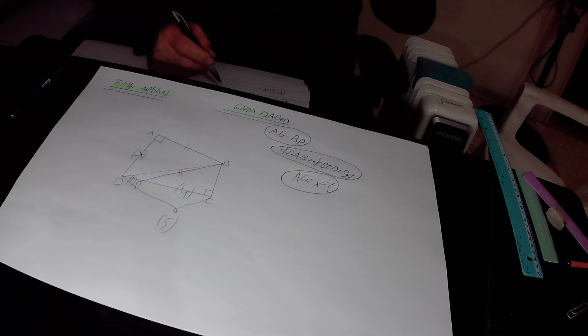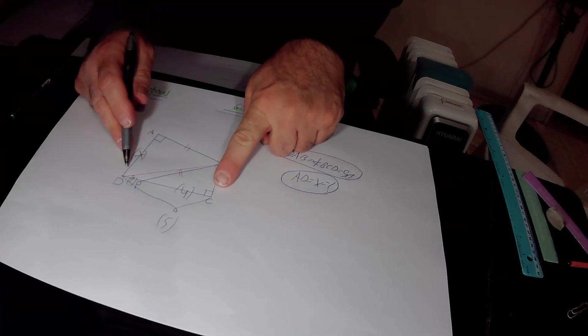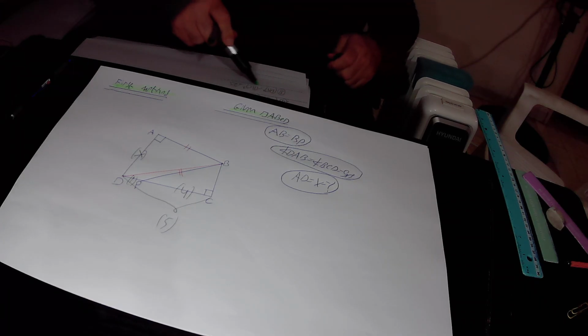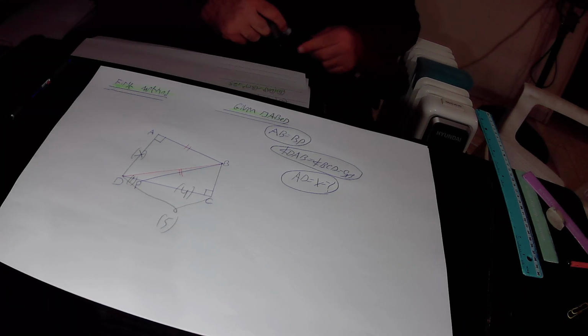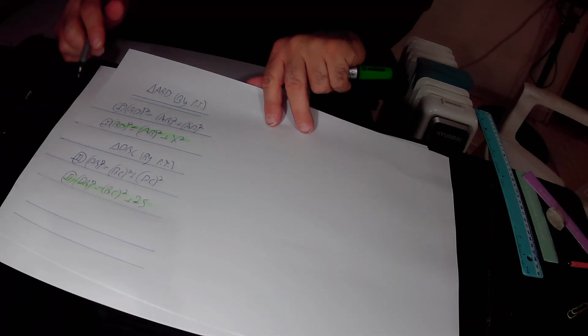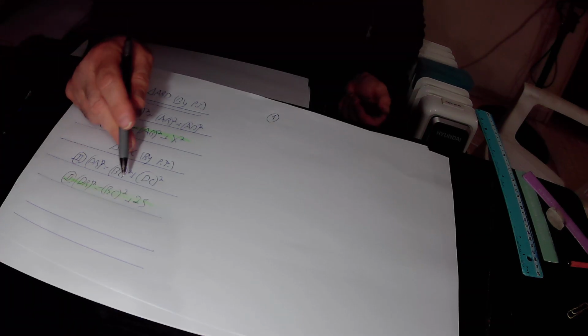BC is also the missing side, so we leave it as it is. Plus DC squared. DC is 5, therefore DC squared is 5 squared, it is 25. So in total, according to equation 2, we should find out that BD squared equals BC squared plus 25.